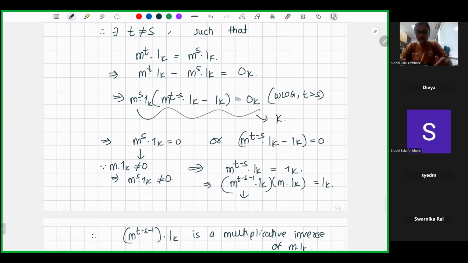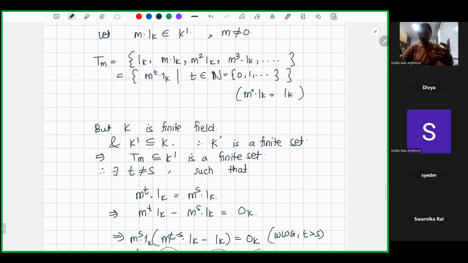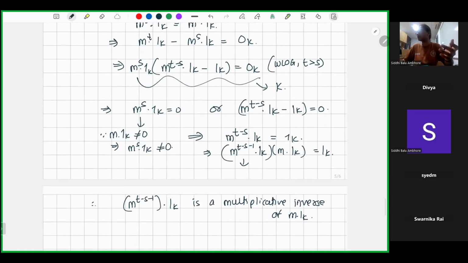Any doubts here? How this is happening, or is this clear?